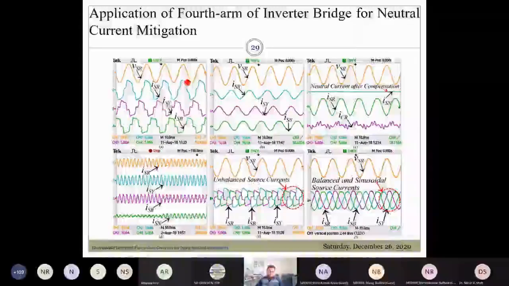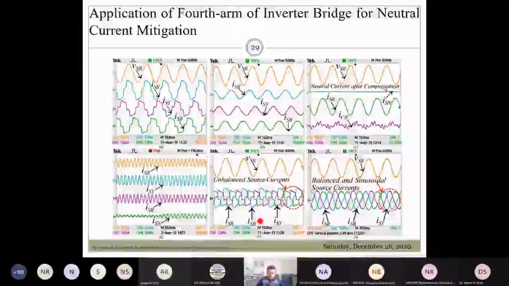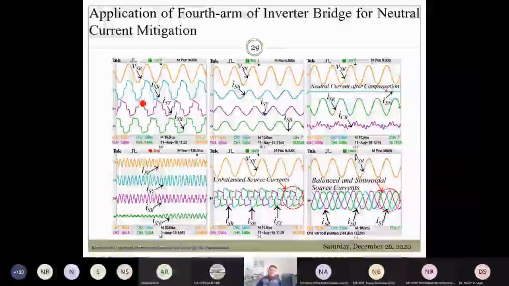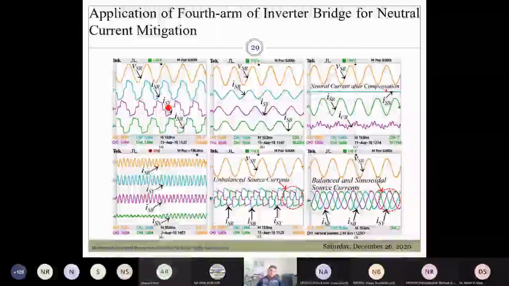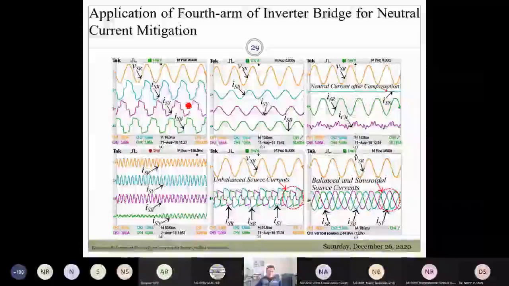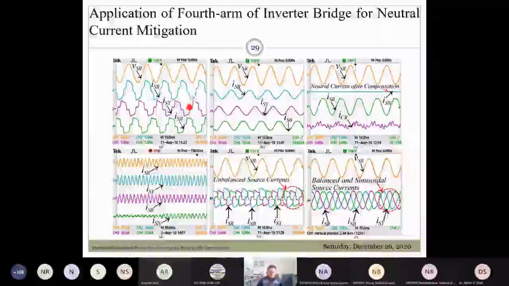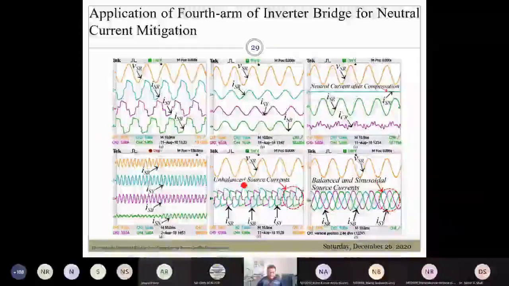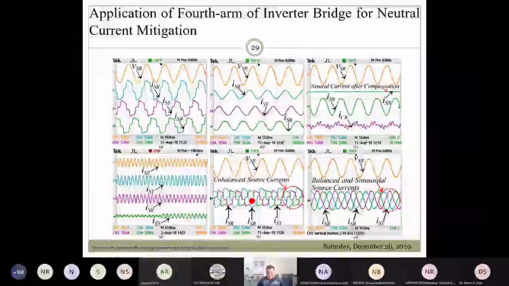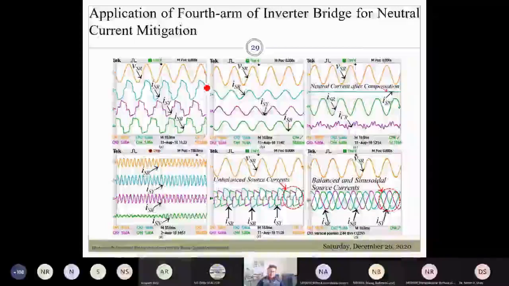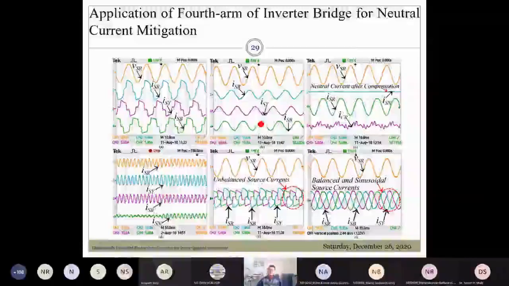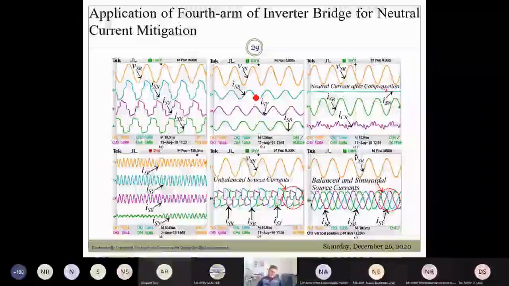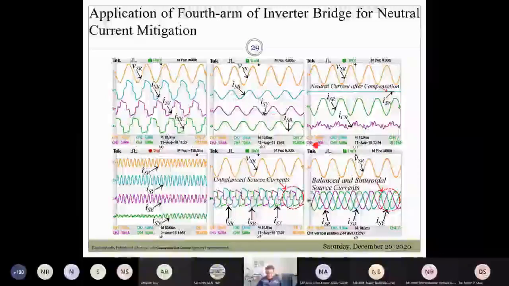So here you can see from plot A and plot E that when the AHF, or active harmonic filter, is disabled, the load is unbalanced, and as a result the grid currents are unbalanced in nature. However, after enabling the active harmonic filter, the grid currents are ensured to be unconditionally balanced and sinusoidal.